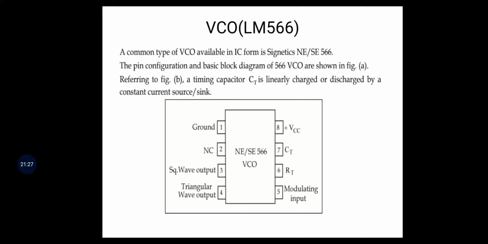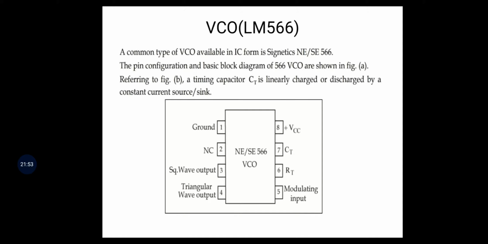Second pin no connection. Third pin square wave output. Fourth pin triangular wave output. Fifth pin is modulating input. Sixth pin RT. Seventh pin CT. Eighth pin plus VCC. So this is very important.